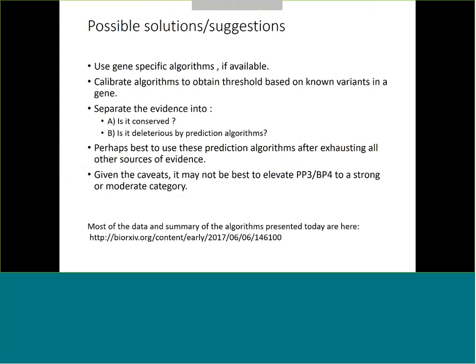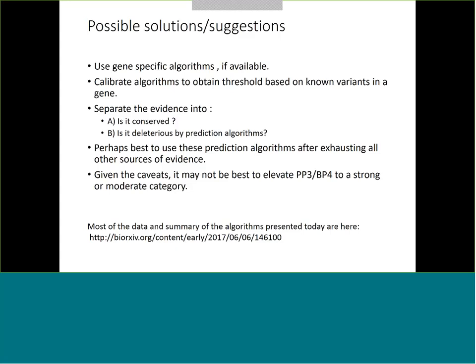Alternatively, one could calibrate the algorithms to obtain thresholds on known variants in a gene. This is coming back to the point that Jonathan brought up. So essentially, you take a gene, take known variants, a handful of pathogenic, a handful of benign variants, and then calibrate based on that an algorithm of your choice, and choose the highest performing ones.